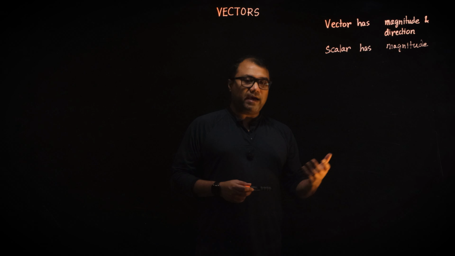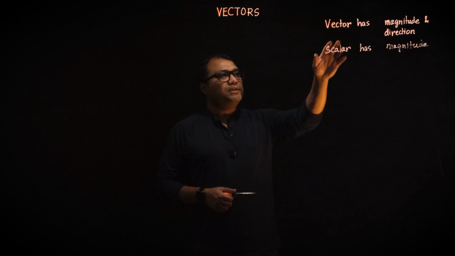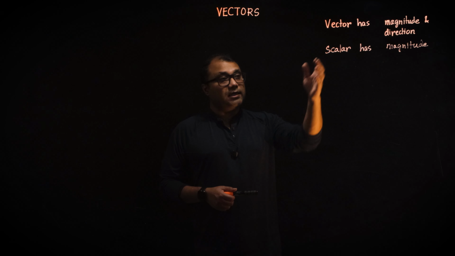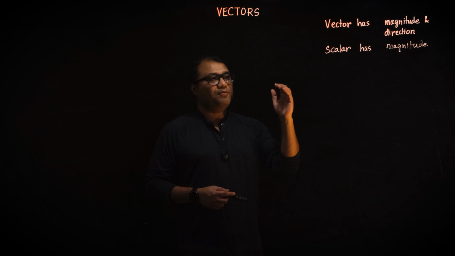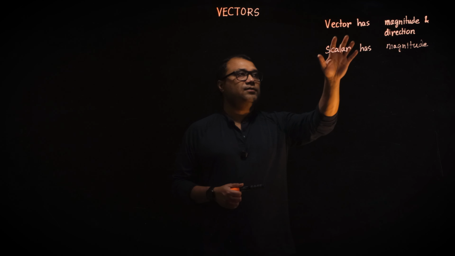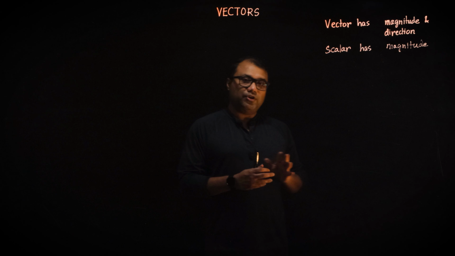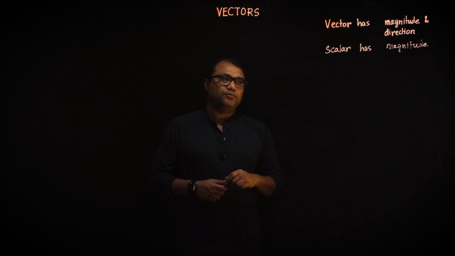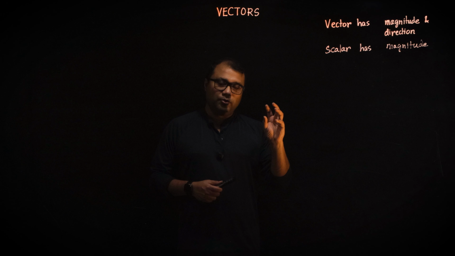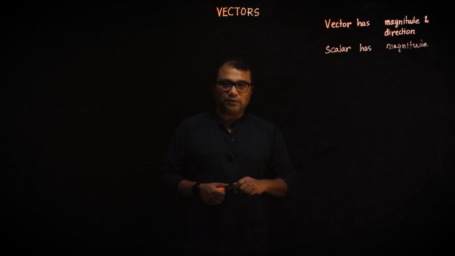It has only a magnitude, say some kgs. It does not have a direction. Speed is also a scalar quantity, but we have another cousin of speed, which is called velocity. Velocity is a vector quantity because it has both magnitude as well as direction, which way it is going. So when we are able to represent both magnitude and direction for a quantity, then it's a vector quantity.